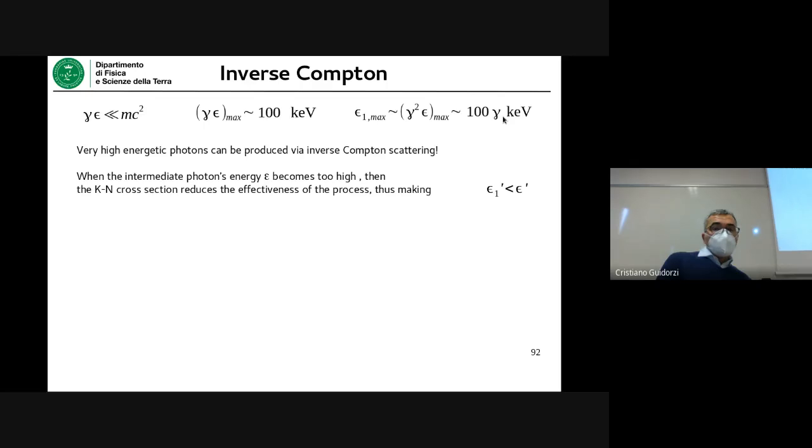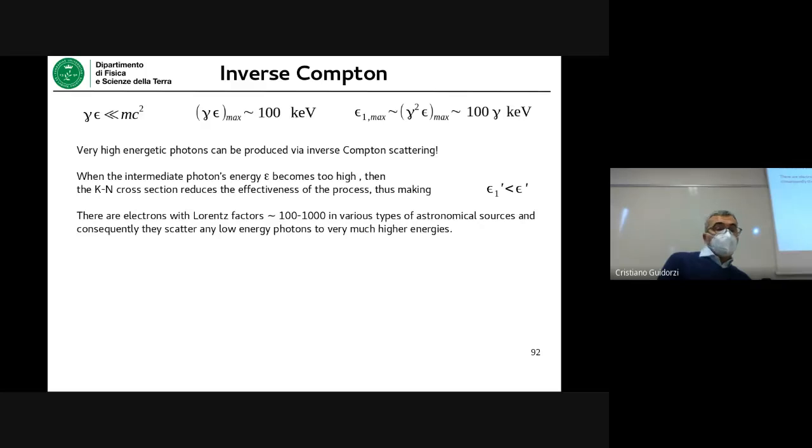Let's see a few examples. Of course, it is important to remember that when you move to excessively high energies, you also have to consider that in the comoving frame of the electron you have the Klein-Nishina limit, where the Thomson scattering is no longer valid and you also have the suppression of the cross section.